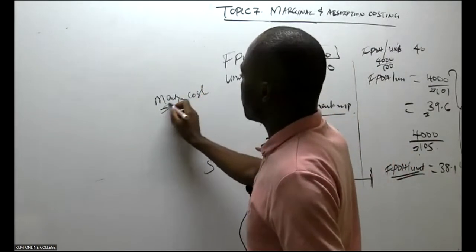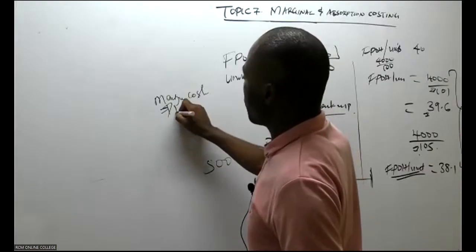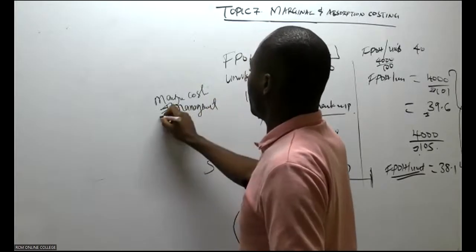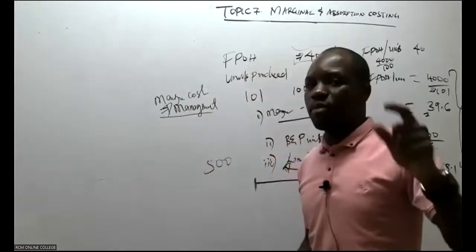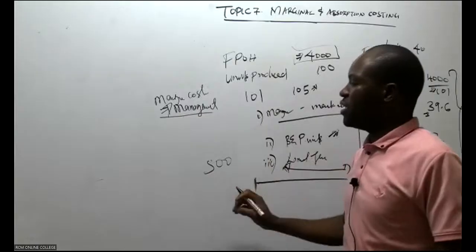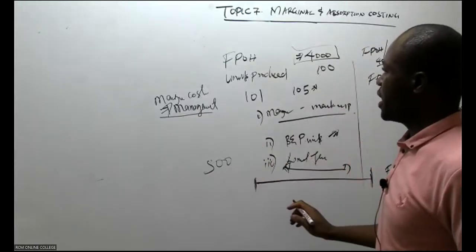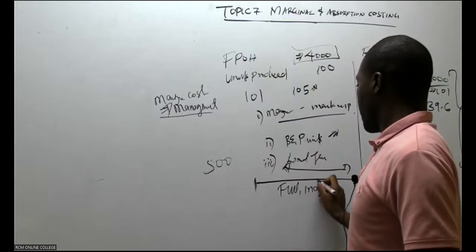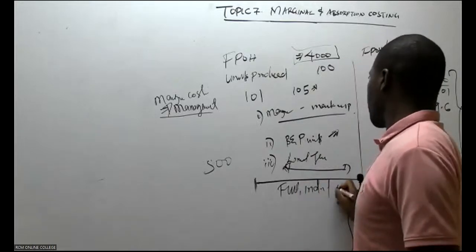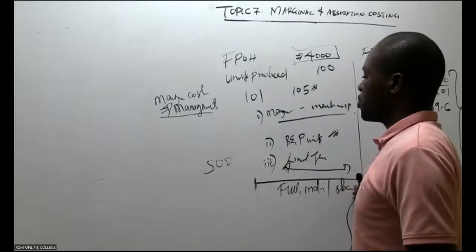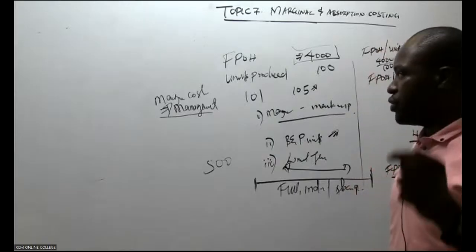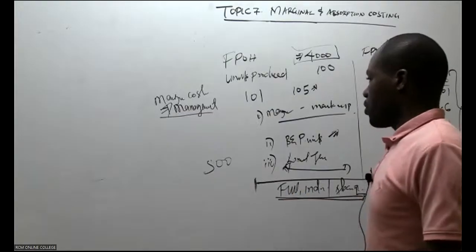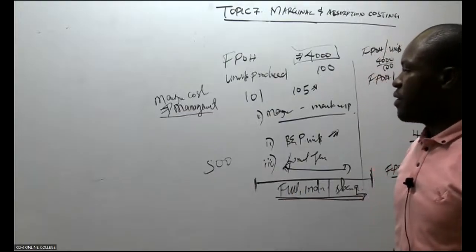The marginal costing system is used basically by management. It is used when preparing management reports. But when we prepare published financial statements, you use full or absorption costing. That's what you use to publish the financial statements.